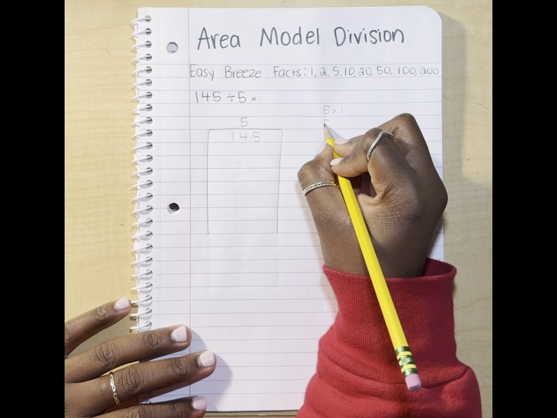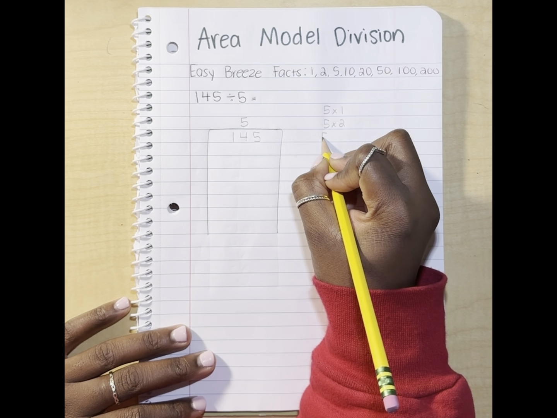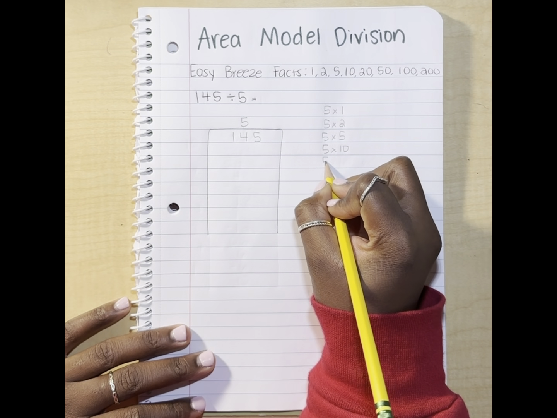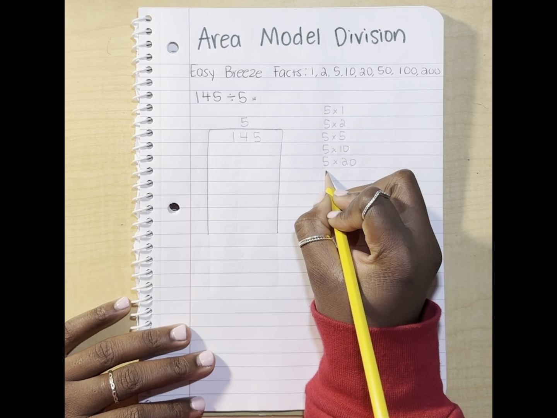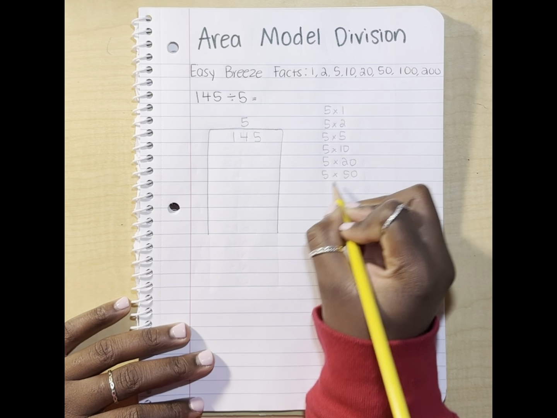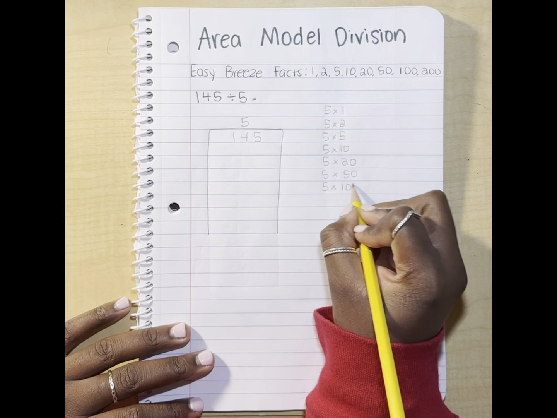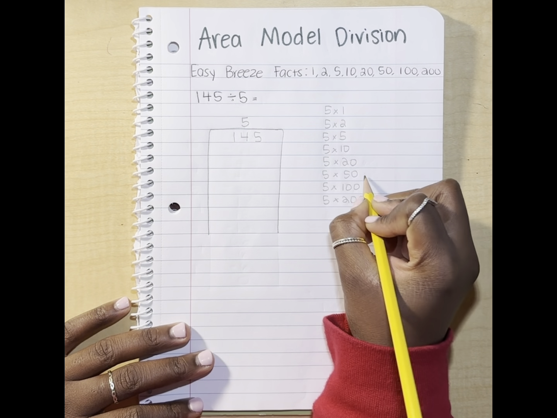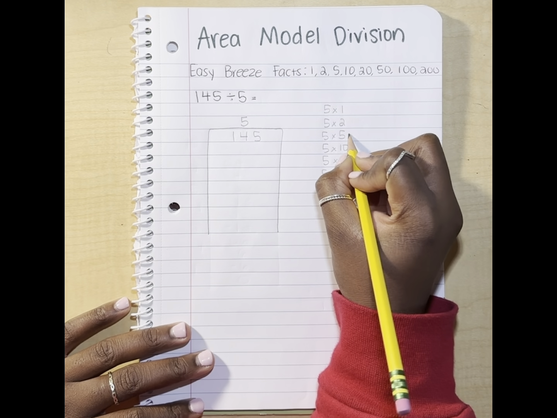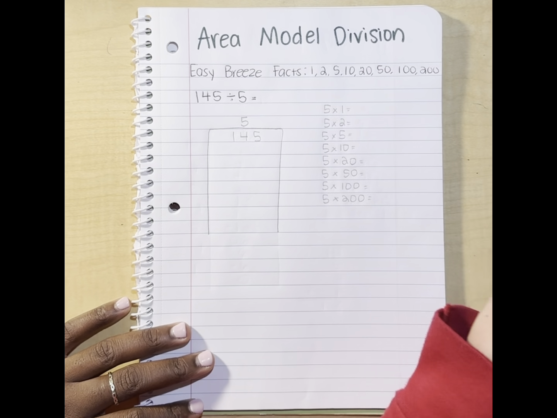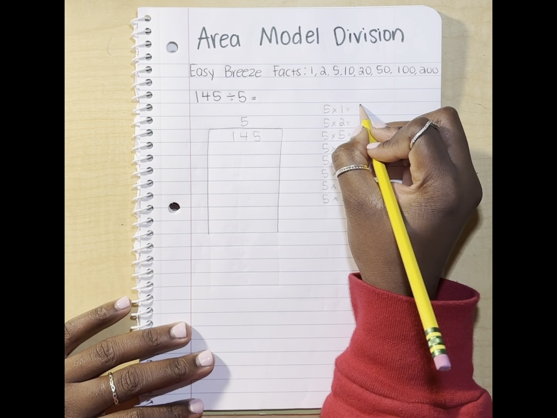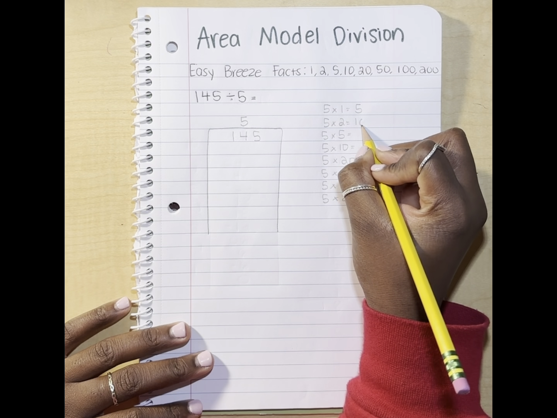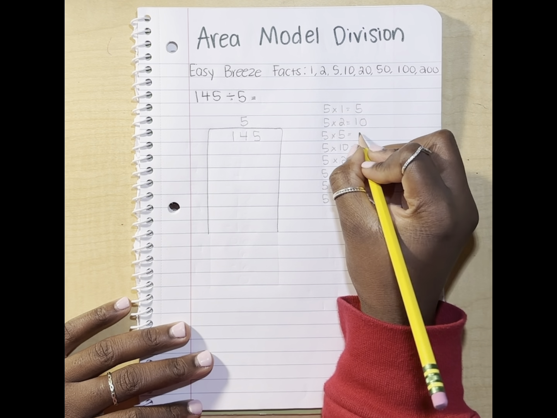So 5 times 1, 5 times 2, all right, 5 times 1 is 5. 5 times 2 is 10. 5 times 5 is 25.